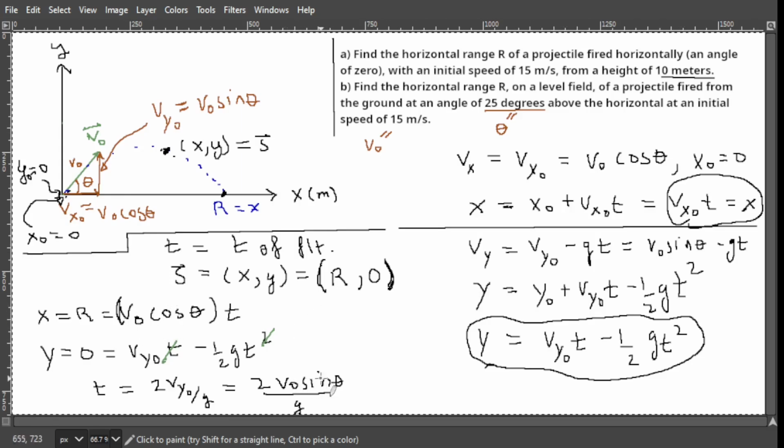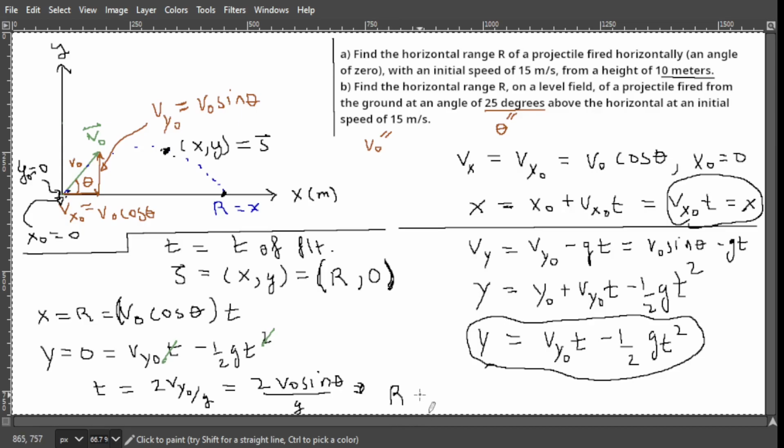And by the way, we could solve this numerically if we wanted. Put in our values for everything, calculate what this time of flight is, and then go up and put that time as a number into this equation and put our numbers in for these things and get the range. But I'm going to do it just a little more generally. So I'm going to write the range now like this.